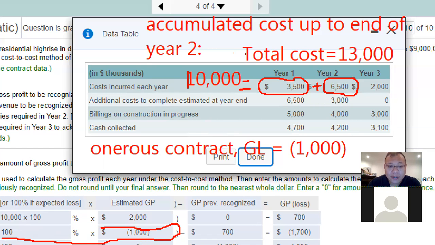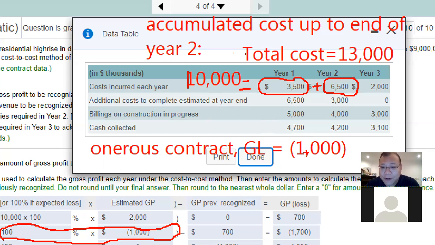IFRS requires us to recognize 100% of the loss, right? Remember that? The minute you realize this is an onerous contract, at this point you have to recognize the full amount of loss of this contract, right? So up to the end of the second year, you should recognize in total a $1 million loss.